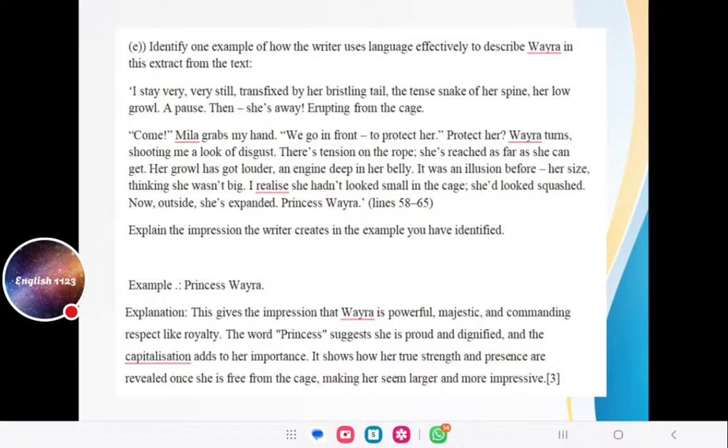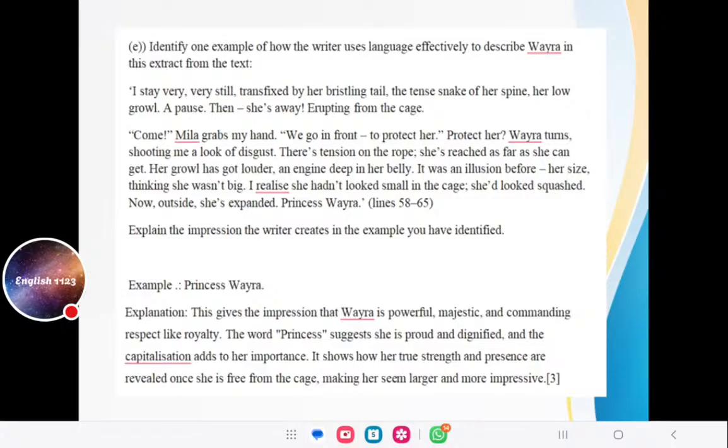So how am I going to explain it? When the word princess is written there, you can see that the writer has written the word princess with a capital P. Because whenever we write a name, a proper noun, we start it with a capital letter. But princess is not a proper noun, yet he is writing it with a capital P, so that is also something here. So I have chosen the example.